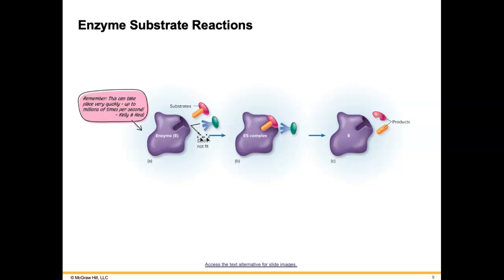So this one isn't going to be able to bind with the enzyme, but this one is. And when that happens, it boinks apart, right? It breaks apart. Then this enzyme will go along and make itself available for other substrates like this to be able to break it down into these two pieces.